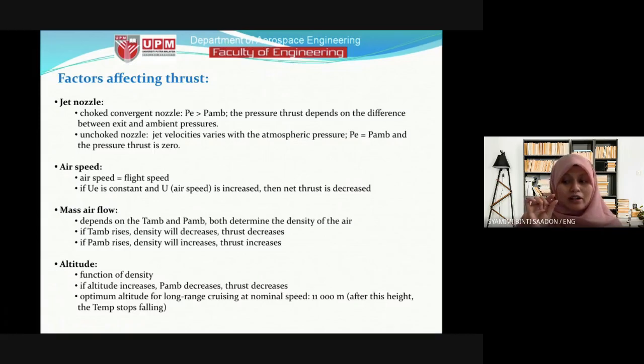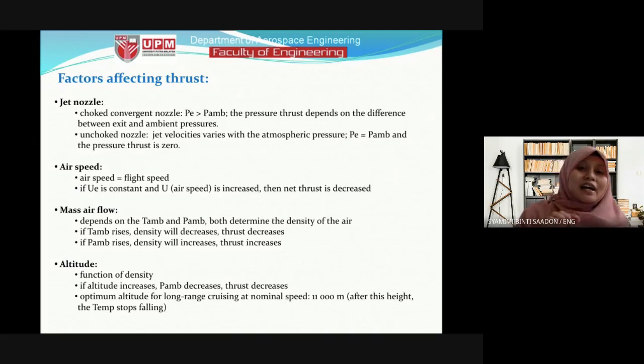When the pressure decreases and the fluid flows, the velocity keeps increasing, and the mass flow rate of the fluid keeps increasing as well in the convergent nozzle. Pressure decreases, but velocity and mass flow rate increase.